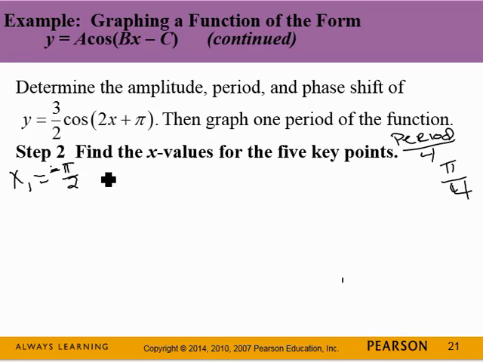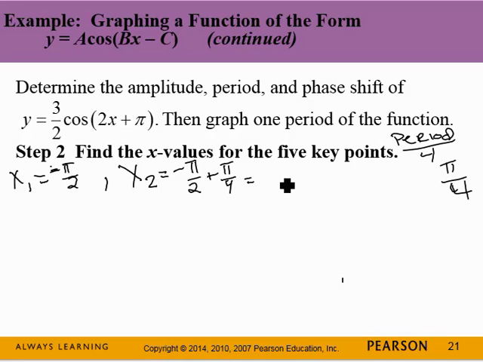So x1 is negative pi over 2. It's always going to be whatever your starting value is. x2 will be your negative pi over 2 plus pi over 4.